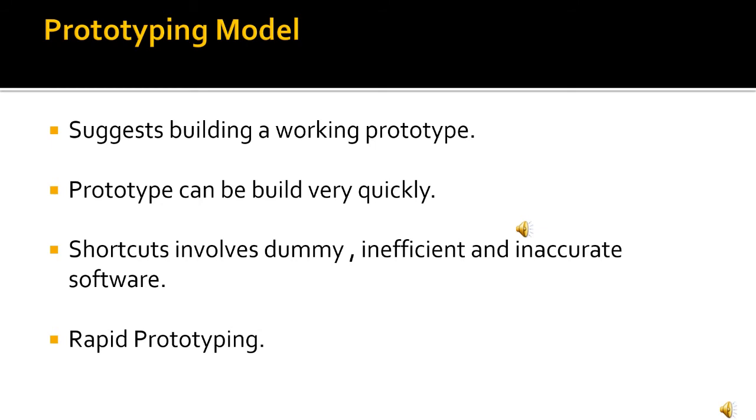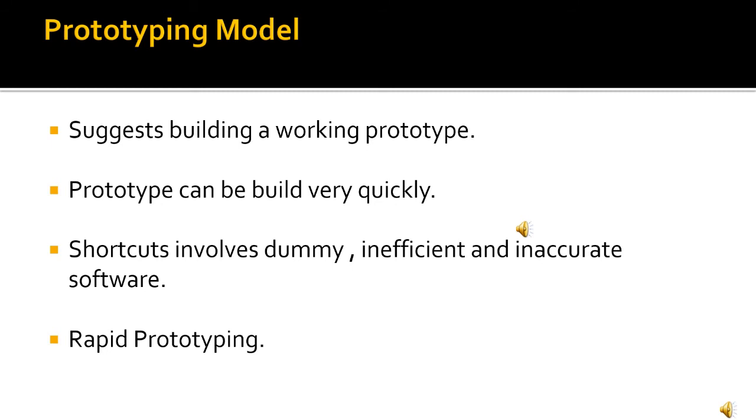When a project is done very quickly with so many shortcuts, it involves developing inefficient, inaccurate, and dummy functions. The shortcut implementation of a function may produce the desired results by using a table lookup rather than by performing the actual computations.